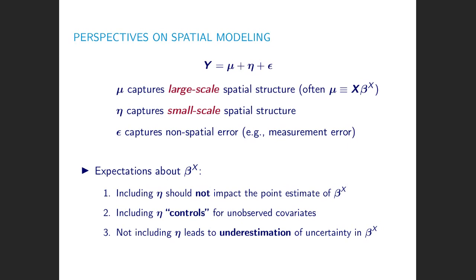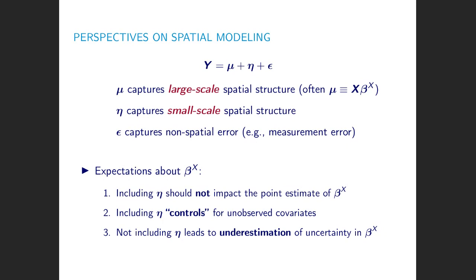Another common expectation is that eta controls for unobserved covariates. So oftentimes in spatial problems, the missing small-scale spatial structure is precisely what's not observed, and that's why we need a random effect specification for eta.